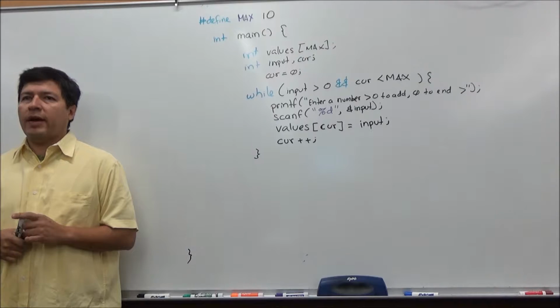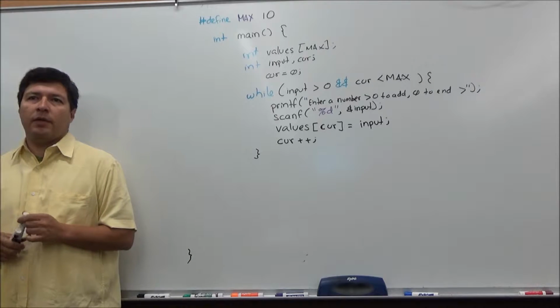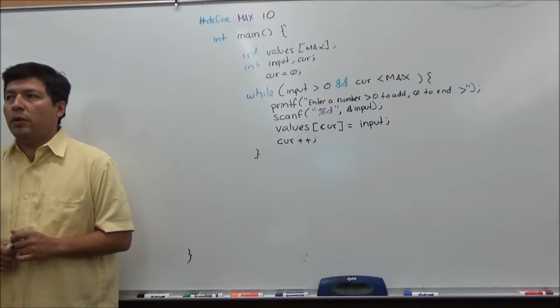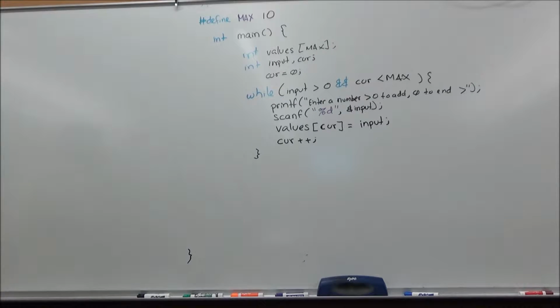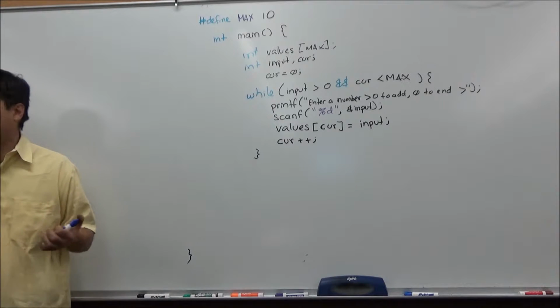So a for loop is a counter, right? It will go through every element of the array. But I might not want to go through all the elements. I might want to stop. What if the user enters 0 at the beginning? Right?